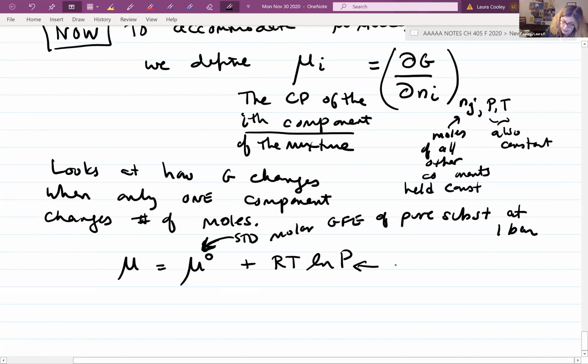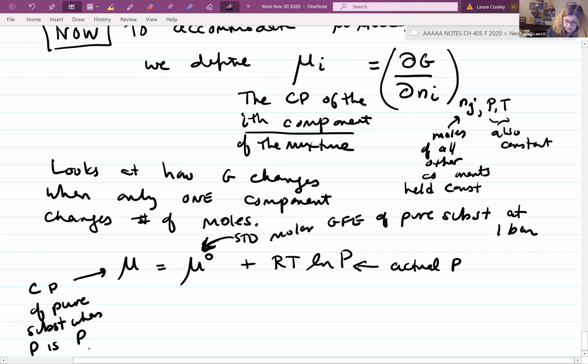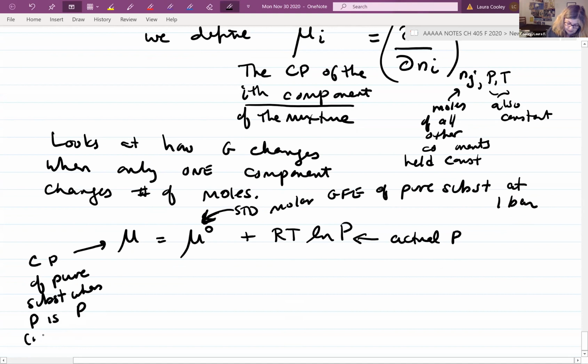This is the actual pressure, which might not be 1 bar. And this is the chemical potential of that pure substance when the pressure is P and not 1 bar. Well, obviously, if it was 1 bar, then these two would be equal and this term would be 0.